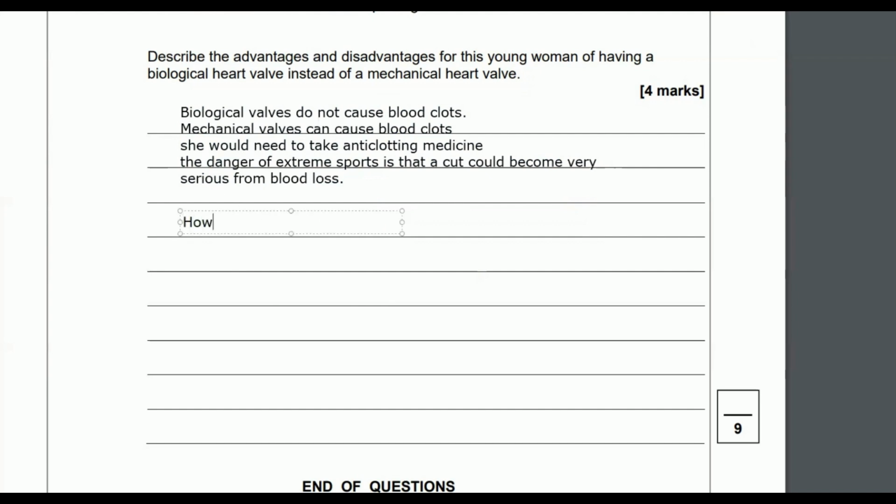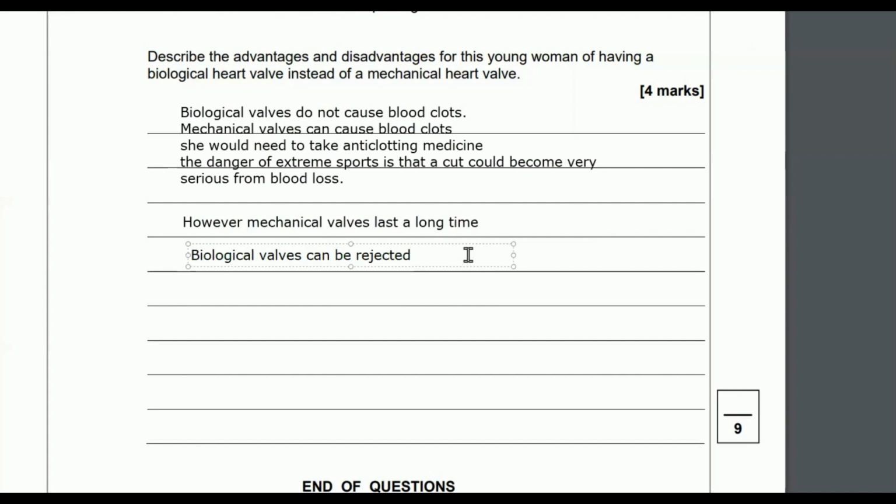However, mechanical valves last a long time, which is very good. And also biological valves can be rejected. What does that mean? That is when the antigens on the biological valve from the donor do not match your cells.